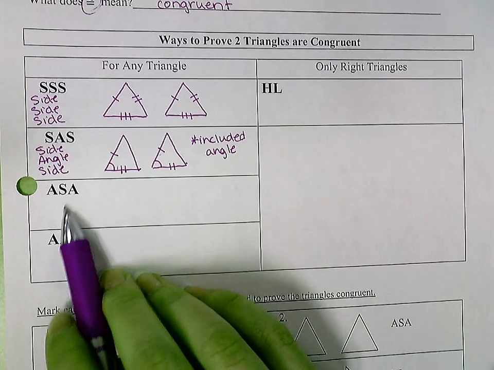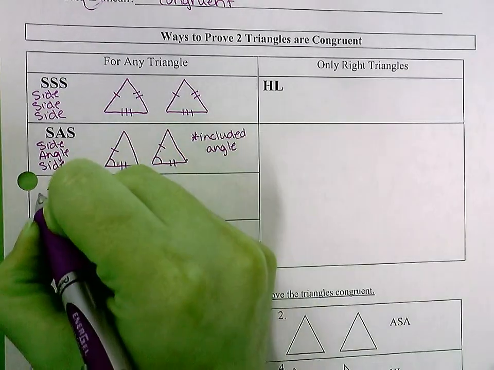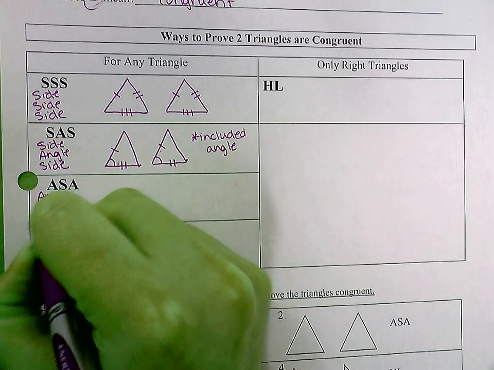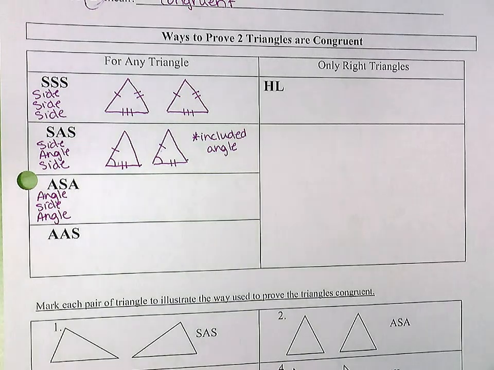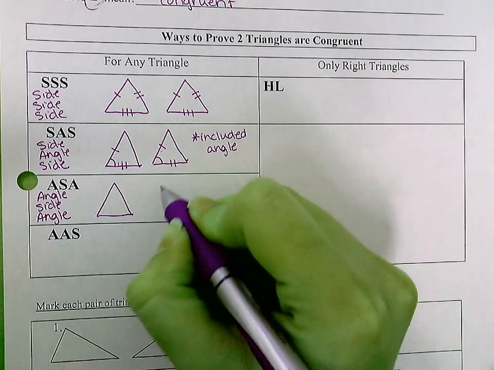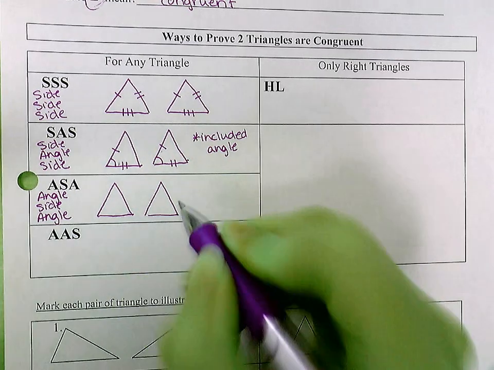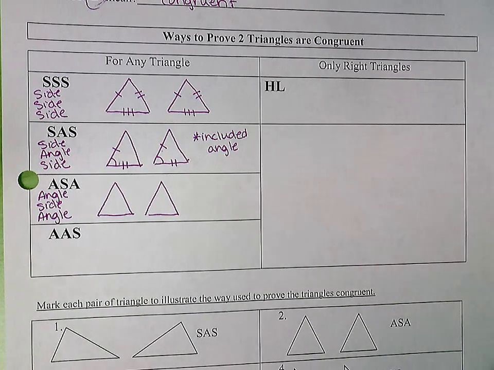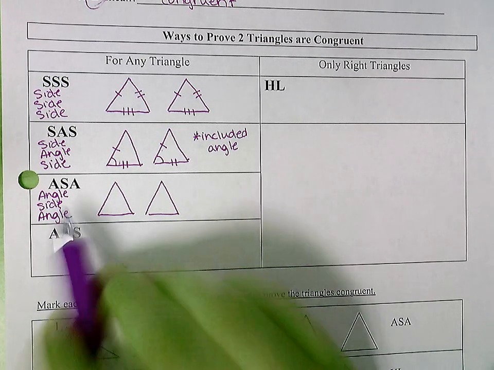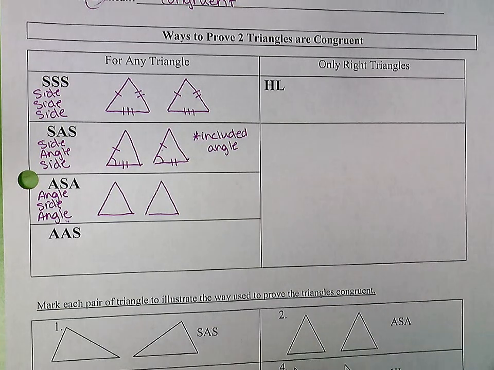Okay, my next way here is angle, side, angle. Okay. So again, this one does have a specific order. Okay, so for it to be angle, side, angle, your side has to be included between your two congruent angles.